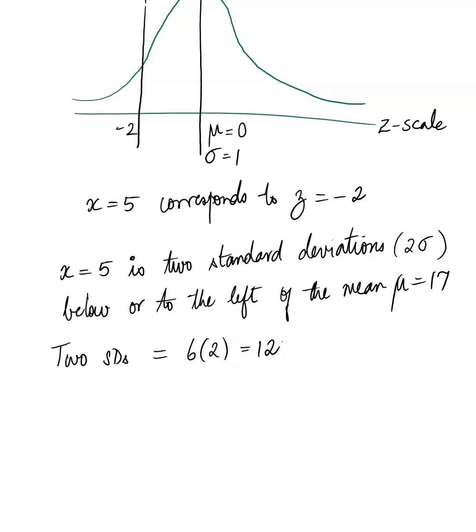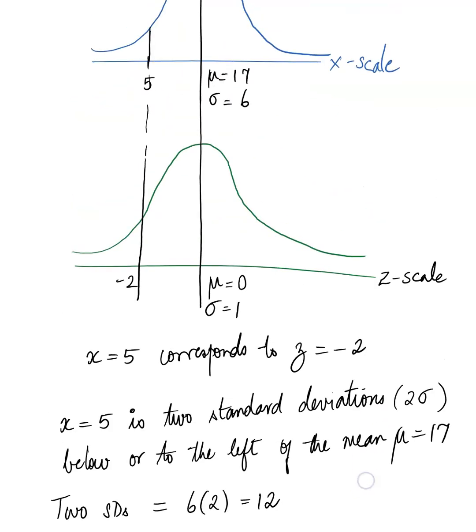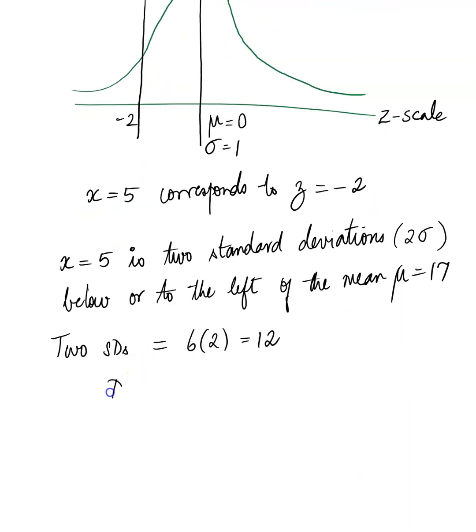And if you look at the distance between 17 and 12, the distance between mu and 2 sigma is 17 minus 12, which is 5. That's why it is sitting at 5 on the x value. So all that becomes, again, as I mentioned before, apparent in a z-scale as opposed to an x-scale.